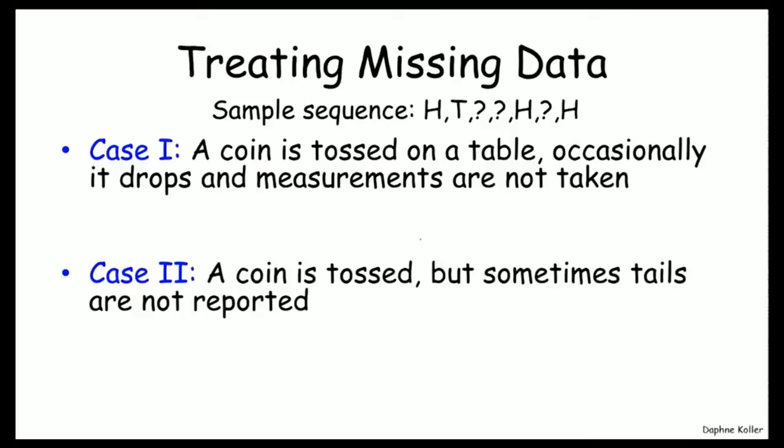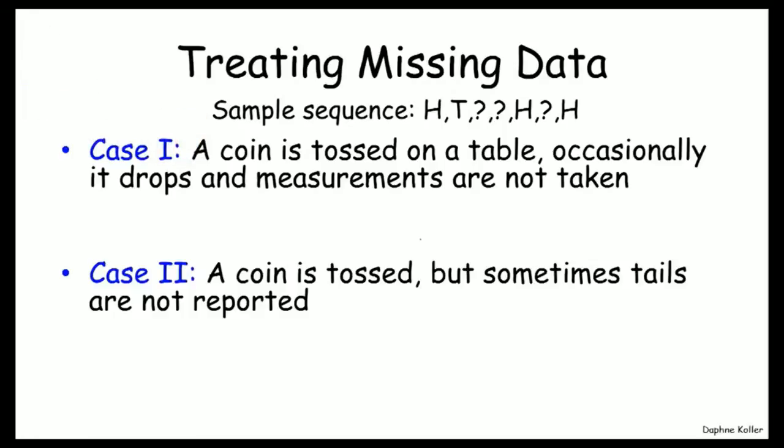Case two is the coin is tossed, but the experimenter doesn't like tails. For some reason, tails give them the heebie-jeebies, and so tails are not reported sometimes. Note that these two cases really should give rise to very different estimation procedures if we're trying to learn from this data set.